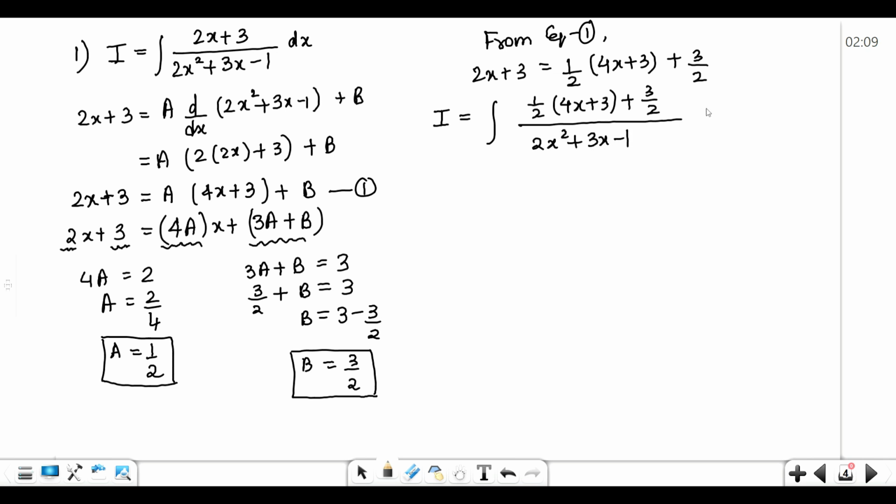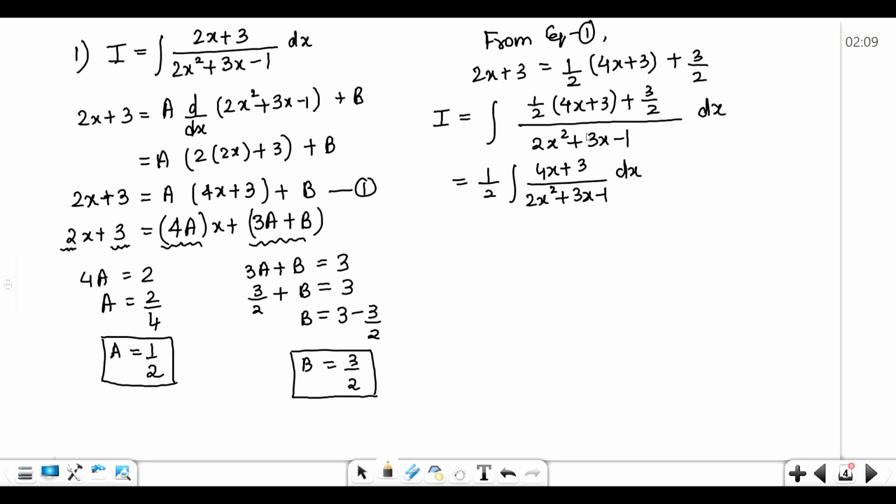Now we can just separate this, so that will give you 1 by 2 integration (4x plus 3) upon 2x square plus 3x minus 1 dx. I have given the denominator to the first term, that is 4x plus 3, and we are giving the denominator to the second term, which is 3 by 2.